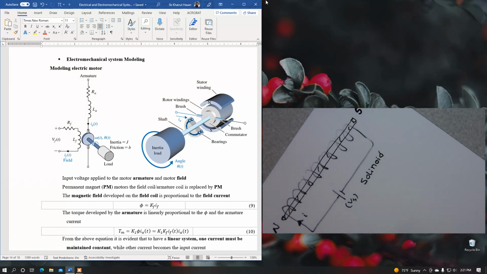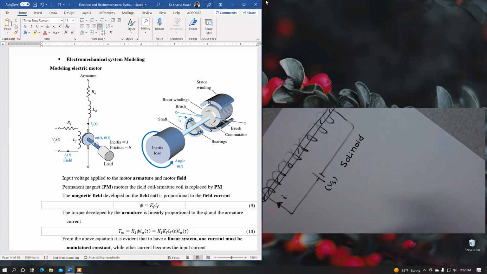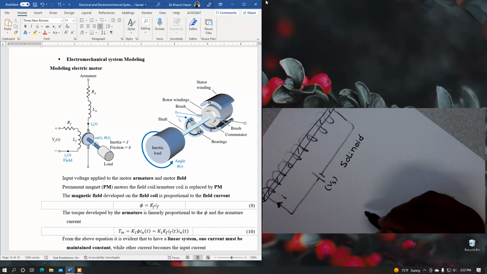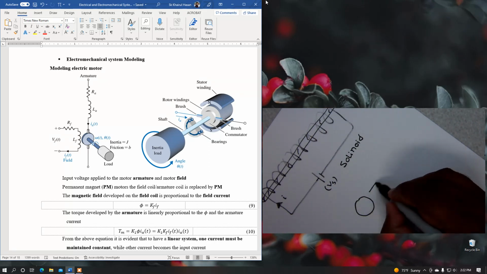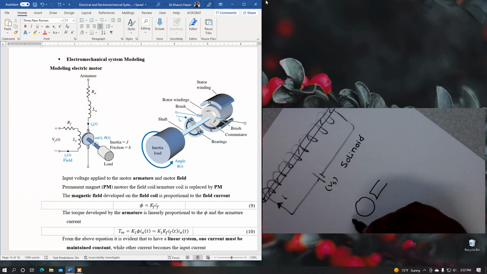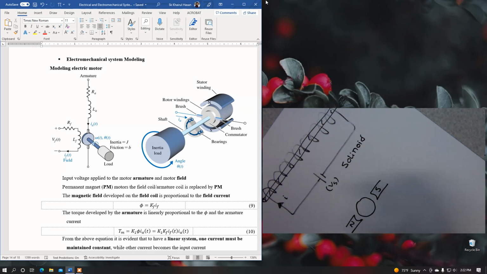Okay, so in a motor we have two magnetic fields. One is the rotor itself, a magnetic field, and the static field is another magnetic field.